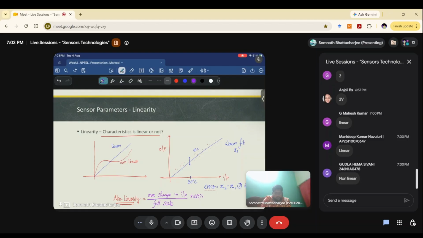Then what's the difference between a repeatable sensor and a precise sensor? So what's the difference between these two?